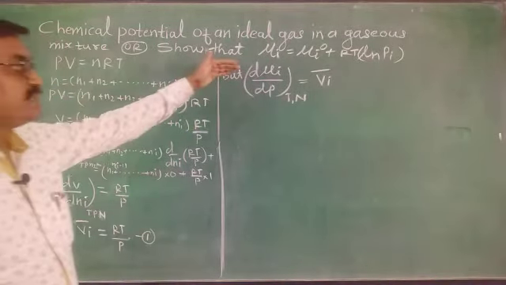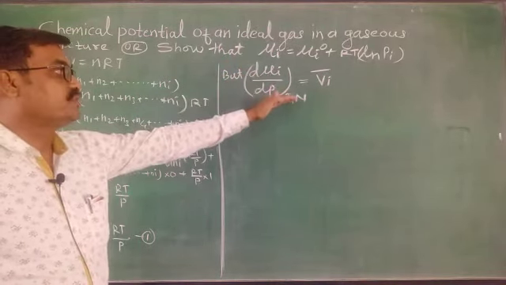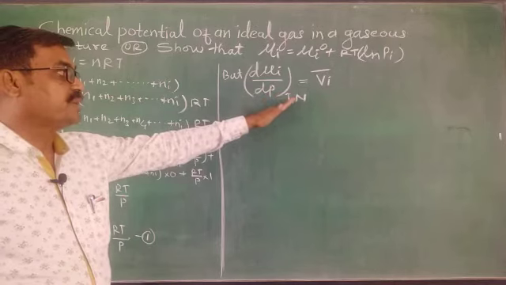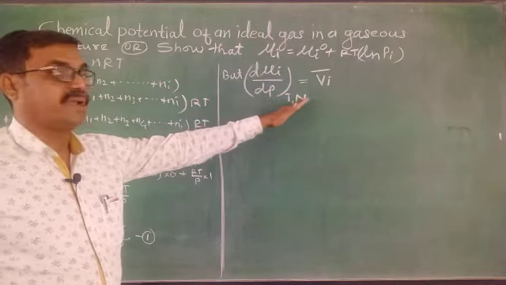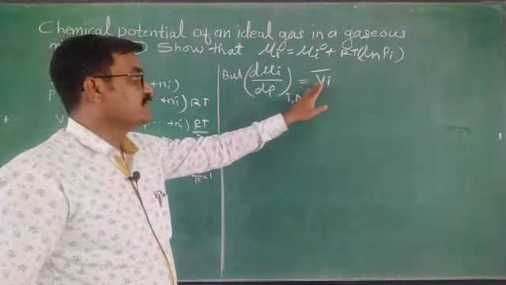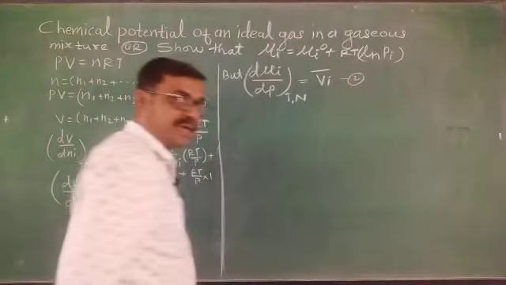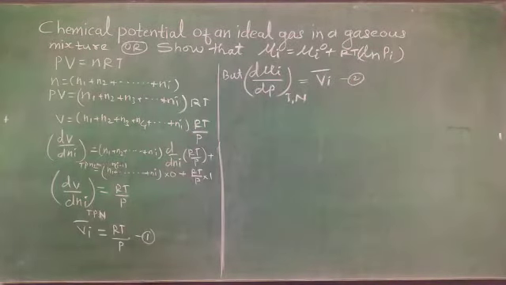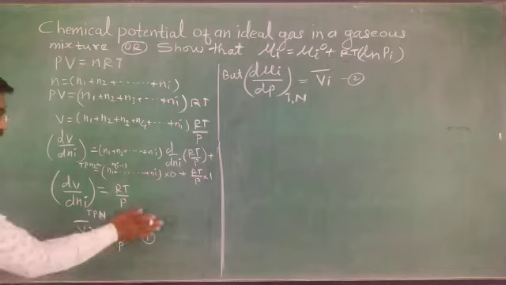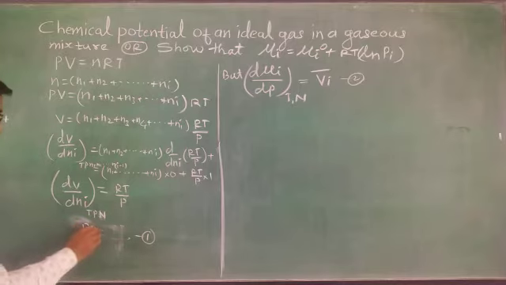We know that the change in chemical potential with respect to change in pressure, keeping other constituents like temperature, n1, n2, n3 up to ni constant, is also nothing but Vi bar. So RT/P is nothing but Vi bar.